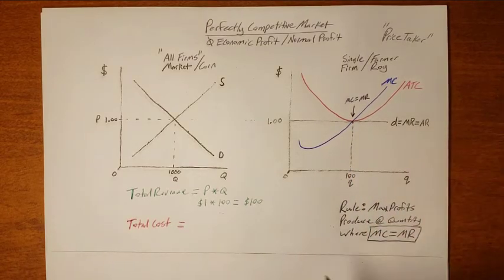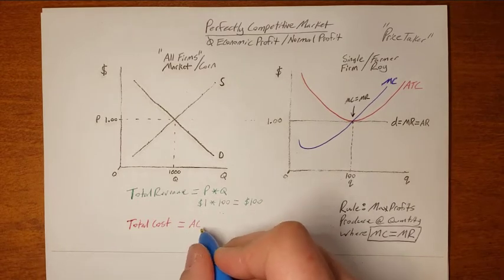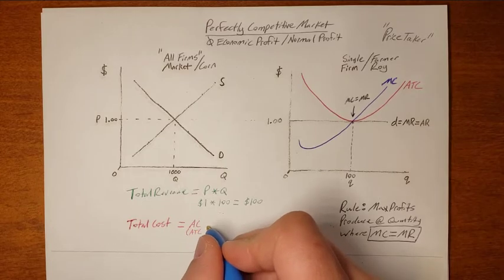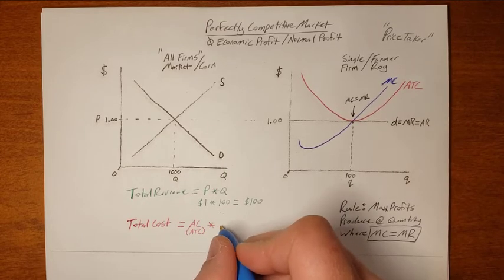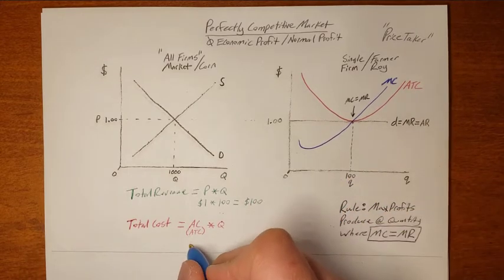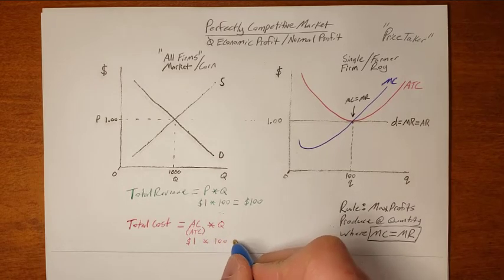The average cost also is the average total cost, so you could write it in either way, ATC times the quantity that we're producing. And the quantity that we're producing, again, is 100. Okay, so the average cost is $1, and the quantity is 100, equals 100.